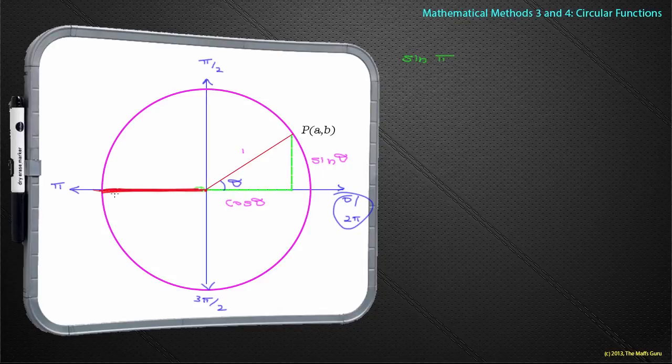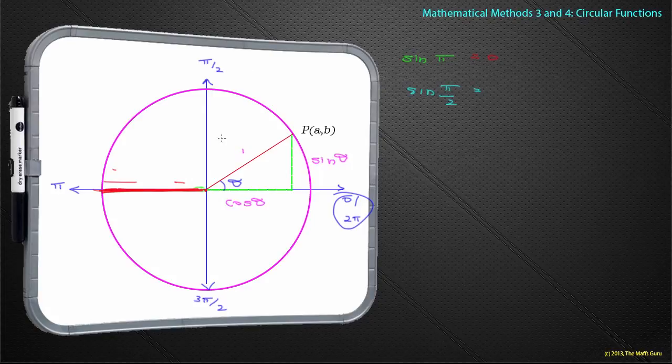I can't have a triangle because it's just one line. So as this has no height, basically the sine of pi is equal to 0. Why? Because exactly as I've just said, there is no height, there is no vertical distance for the sine of pi. How can we relate that to another example? What if I wanted to find the sine then of pi on 2?